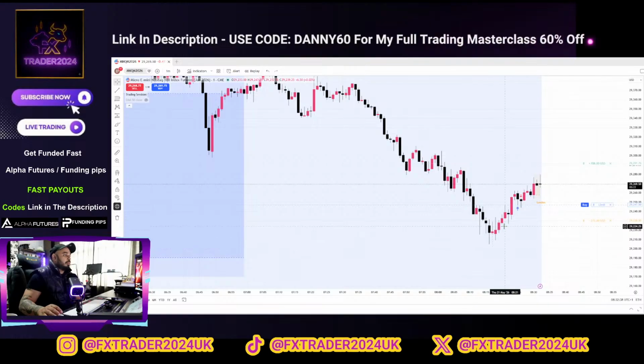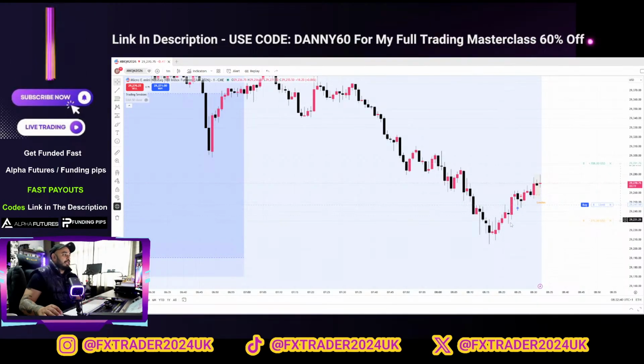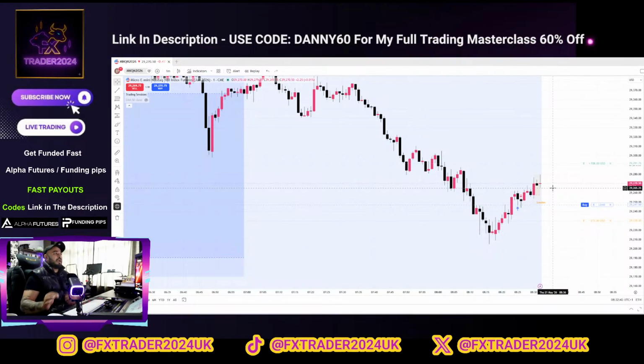Third candle from the bottom, so 1, 2, 3. Okay, and then you had the wick down and then a push up.